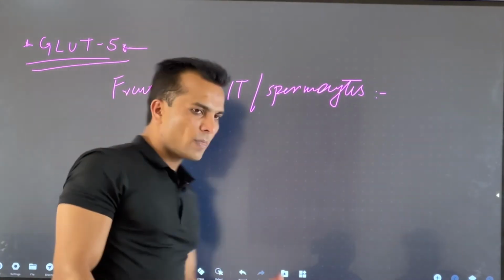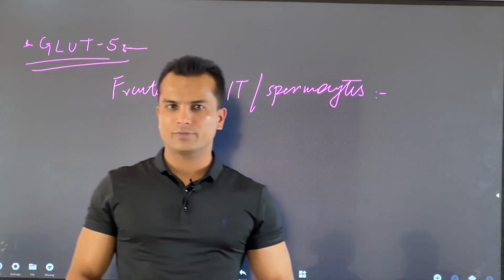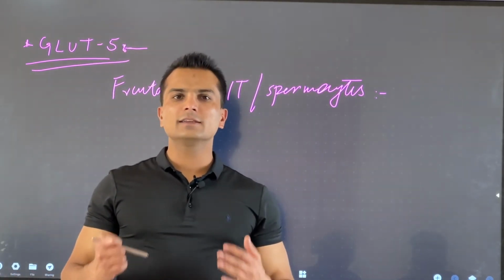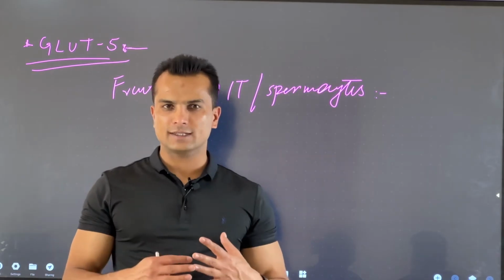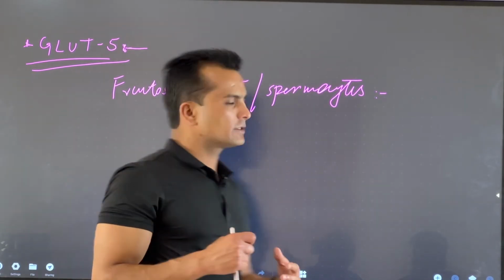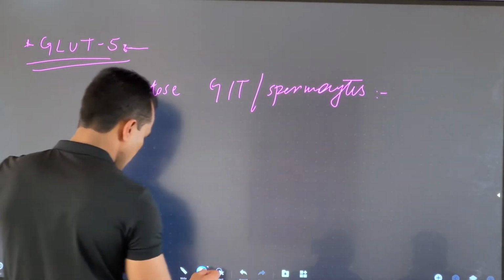And then next, what is basically the mechanism of the release of insulin from your pancreatic beta cell? Remember, insulin is released. Let me draw one pancreatic beta cell.